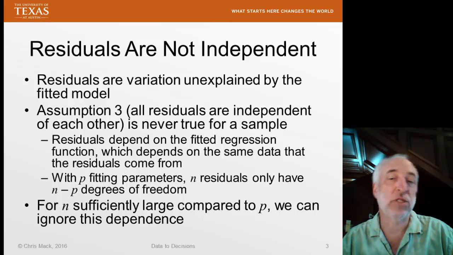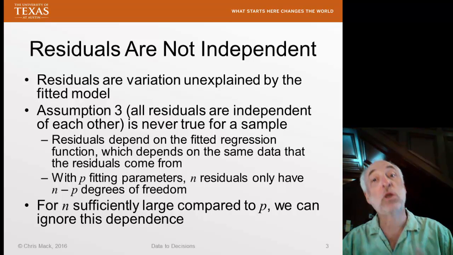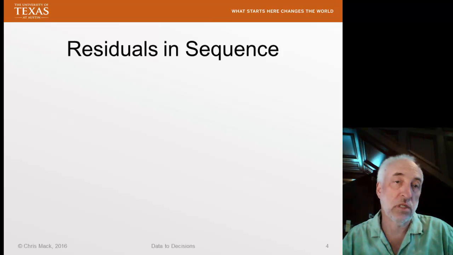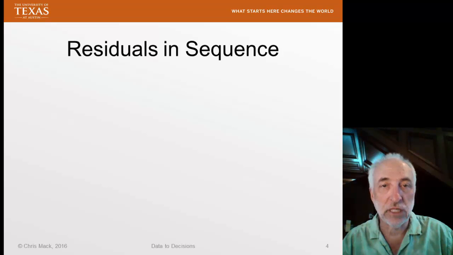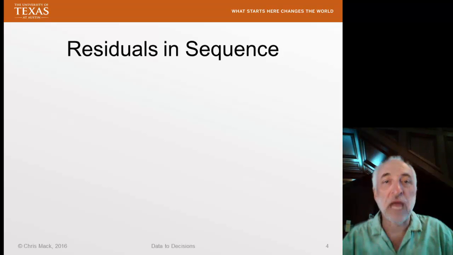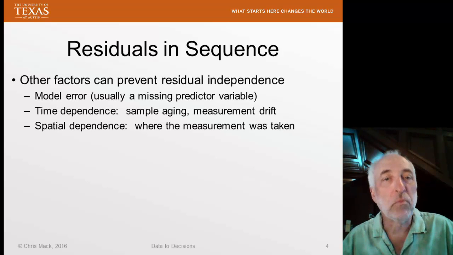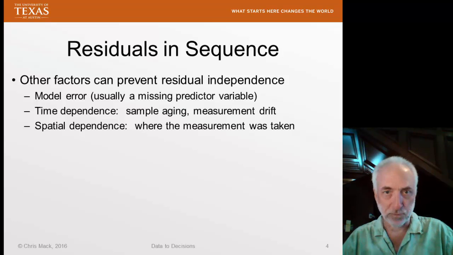We're going to assume that n is sufficiently large, so we're going to ignore this effect, and instead we'll look for other sources of non-independence, that is correlation. Look for dependence of one residual on another. And we do that by looking at residuals in some kind of a sequence.